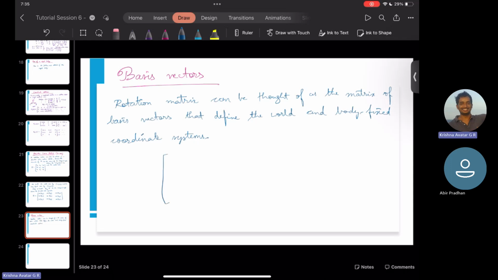So there is the important thing here. As we talked about, this first row, second row, and third row, right?